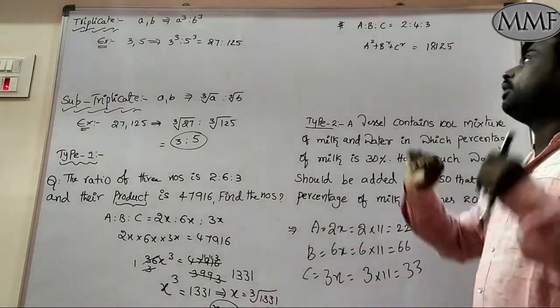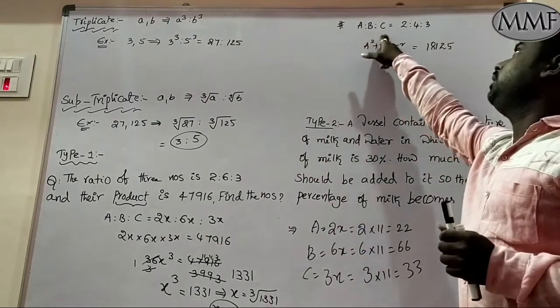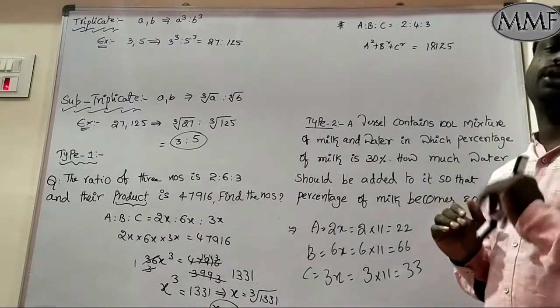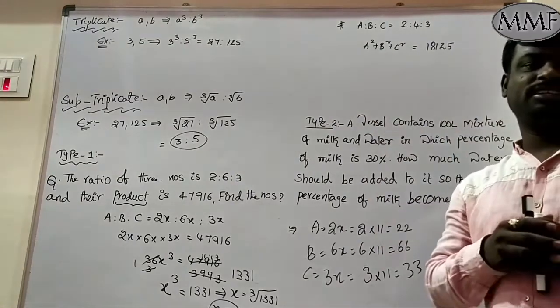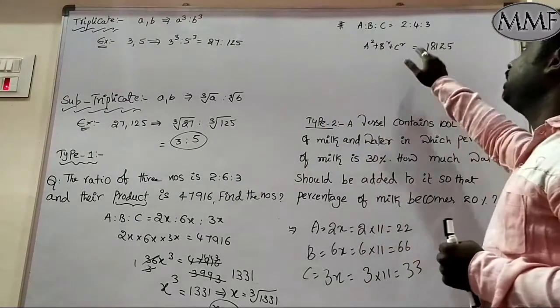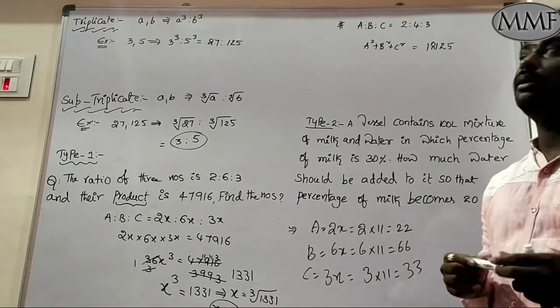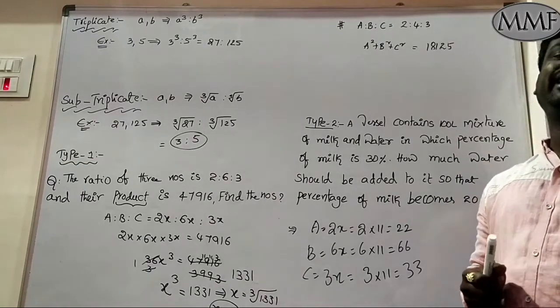We'll see one more example. If A is to B is to C is 2 is to 4 is to 3, and the sum of their squares is 181.25, what are A, B, C?